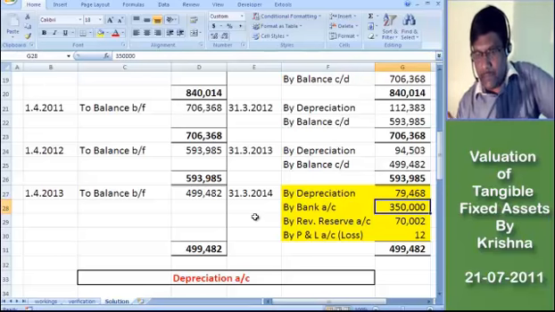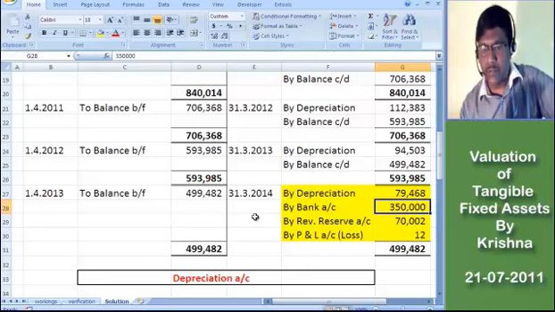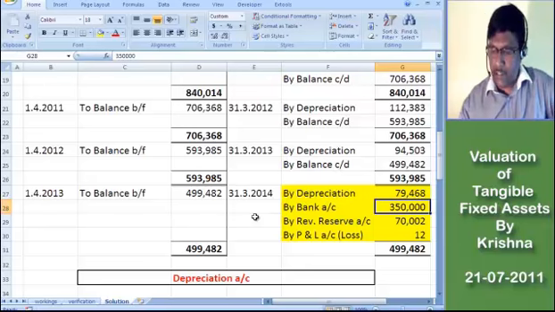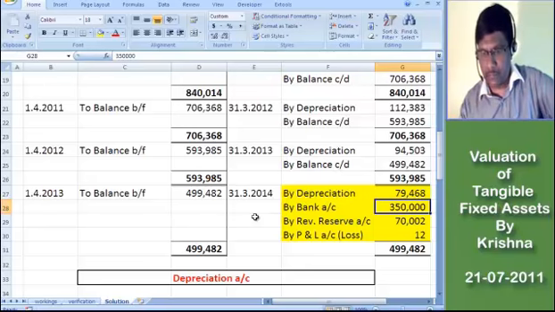Then the very, very important point is, when there is a loss at the time of selling the asset, or when the asset's useful life is getting closed, whatever loss is there, that loss amount can be transferred to the revaluation reserve balance. So now at year 8, the revaluation reserve account balance is only 70,002.